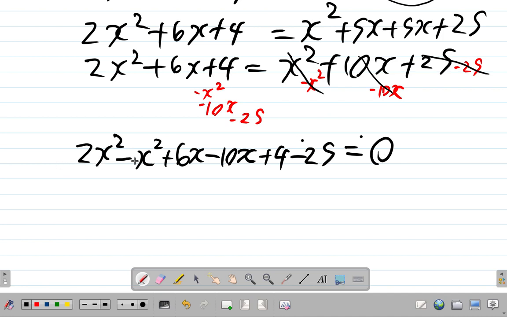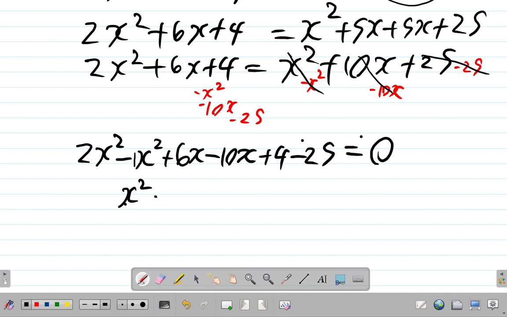So now, 2x squared minus x squared. Remember, you see that x squared here? Even though you write x squared, it is 1x squared, always, because x squared is the same thing as 1 times x squared. So 2x squared, and you take away 1 of the x squared, you're left with 1 x squared. But of course, you're not going to write the 1. So you just write x squared. Plus 6x minus 10x, that's how much?